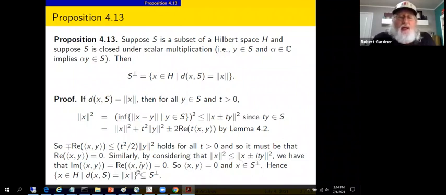but a real part of x comma iy will appear in that center term. But the real part of x times iy, use the property of inner products to bring the i out of the inner product, and that will produce a quantity equivalent to the imaginary part of the inner product.